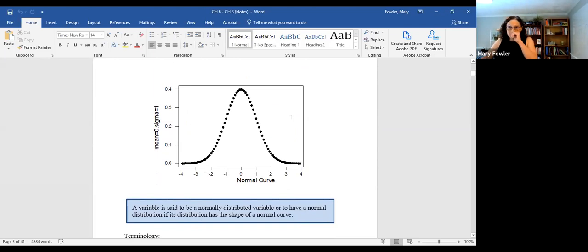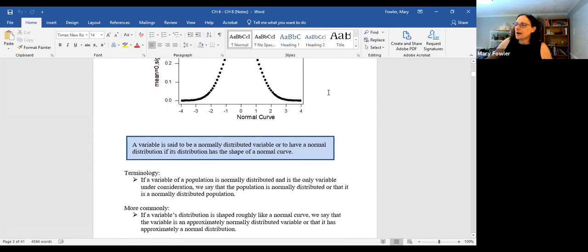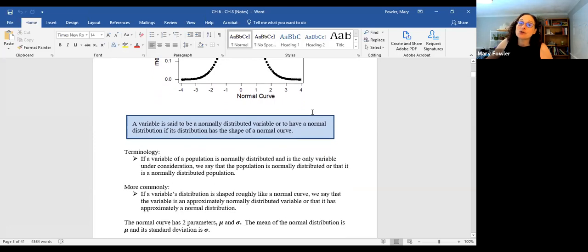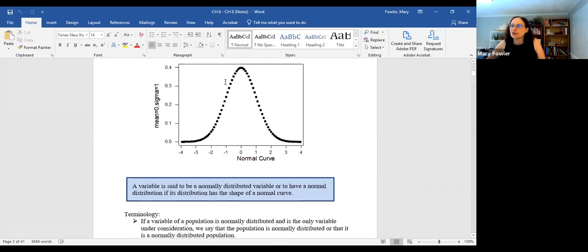A variable is said to have a normal distribution if the shape of the curve is normal. So if it looks like that. Sometimes we have approximately normal or roughly normal distributions, and that would be the case where it almost looks like this.